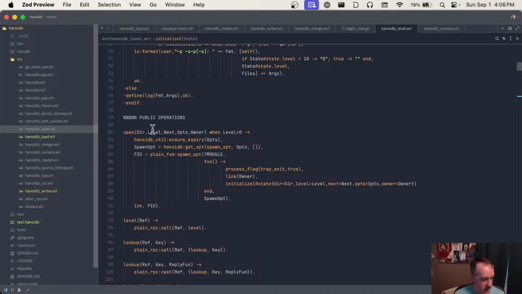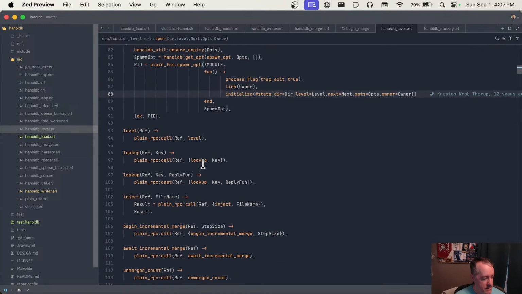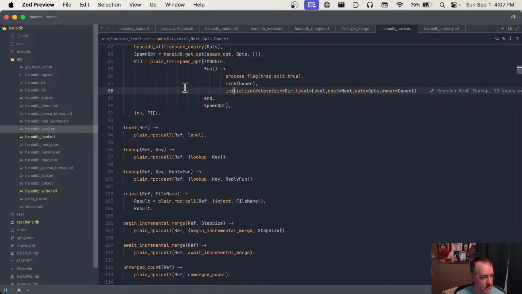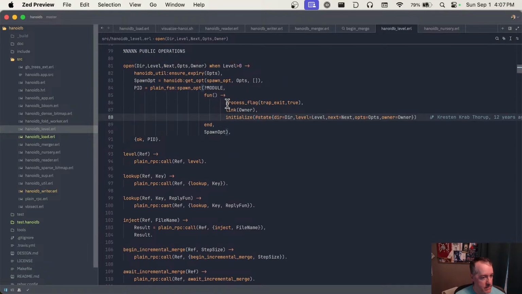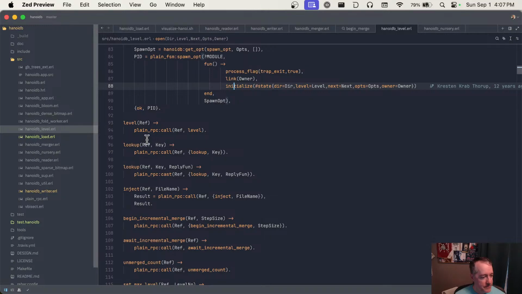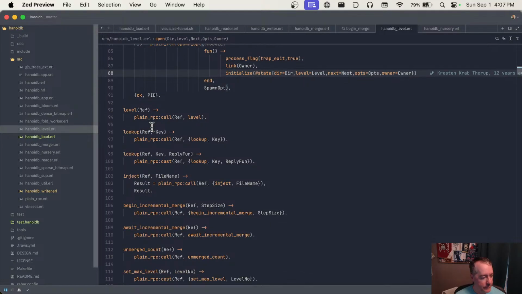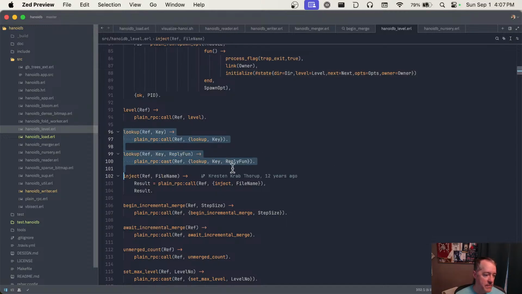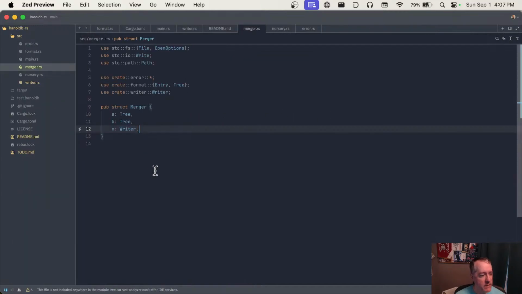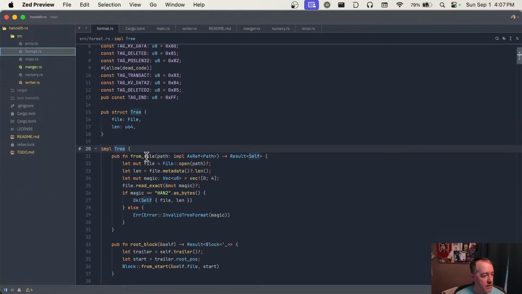All right. So level. Right. Okay. Initialize is the thing it does right away. Okay, so the lookup, these are all like the I want to find a key in a particular file type things, which we did in tree, I believe.